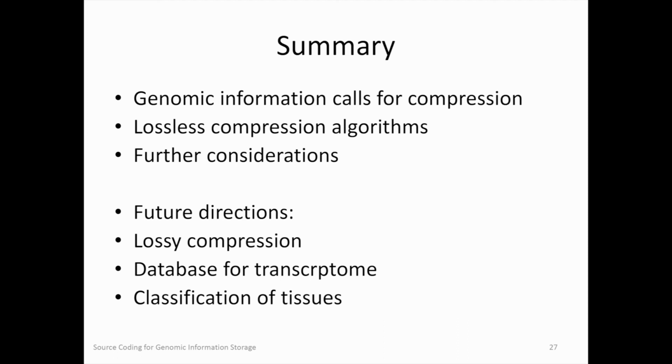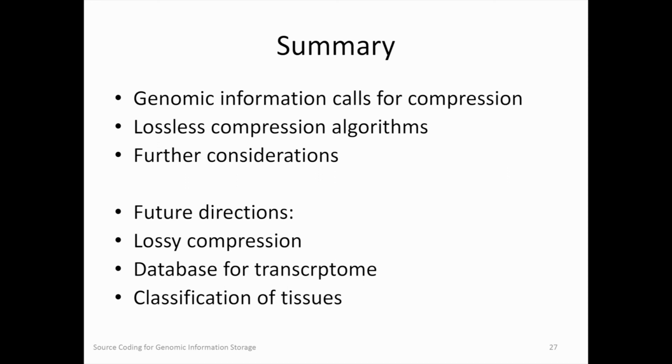For example, we could try to use some lossy compression algorithm, because due to experimental errors, even though a region corresponds to the same exon, and we should expect to see the same expression value, we see different numbers. So if lossy compression is applied, maybe we can actually decrease the noise.